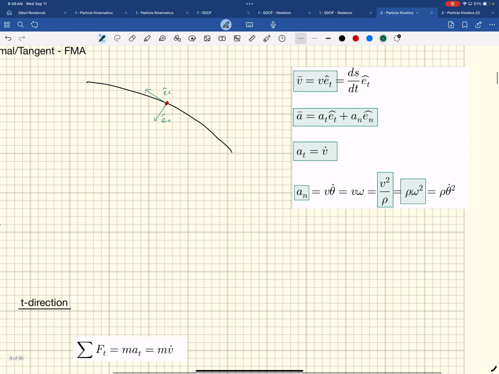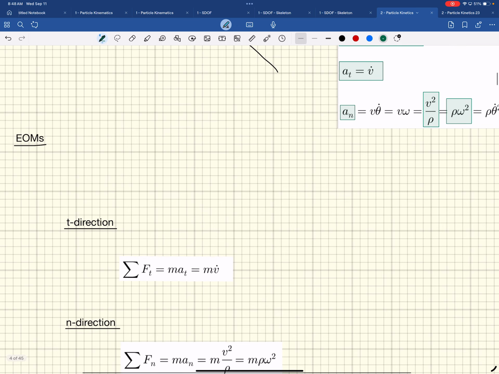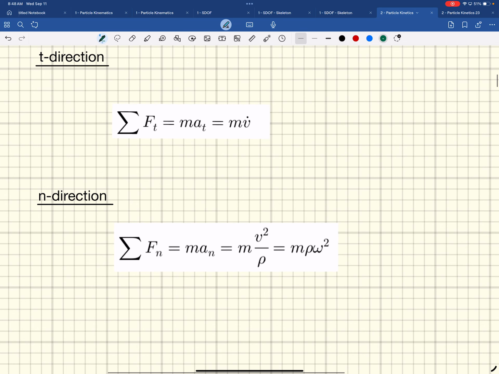So when you do this, you just literally do the same process that we had before. You do your free body diagram, you write your equations of motion, go from there. I'll just flash down to this, run out of time here, but our equations of motion, you write out the vectors, you have the ET and the EN direction.